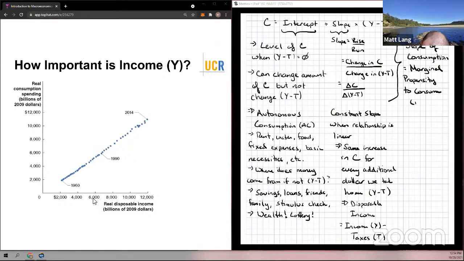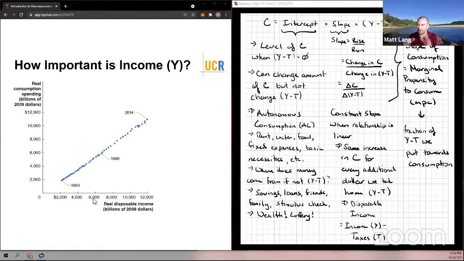So we'll denote this as MPC. The way that we can truly translate this slope into something meaningful is it's the fraction of our take-home income, Y minus T, we put towards consumption. That's what the slope is.